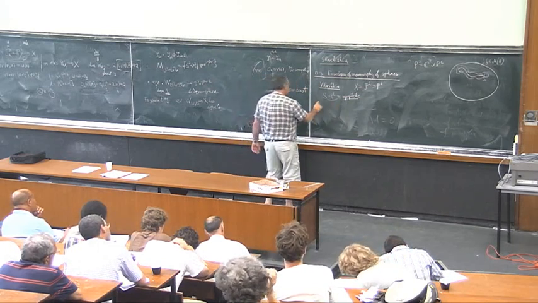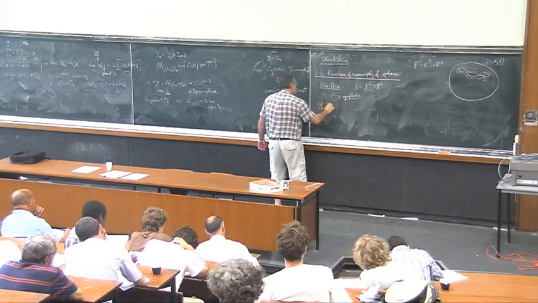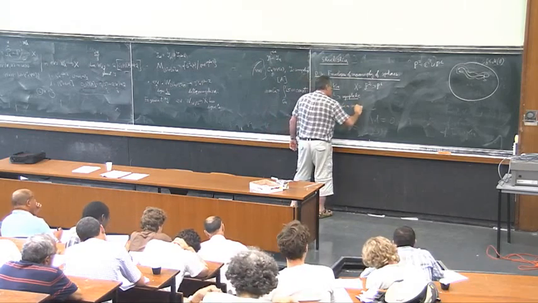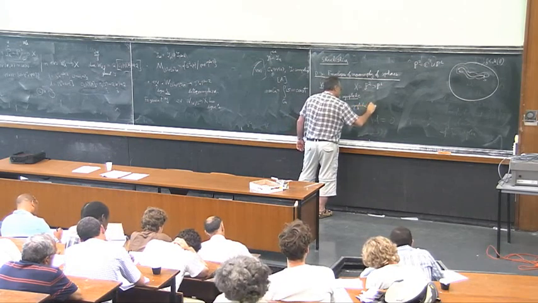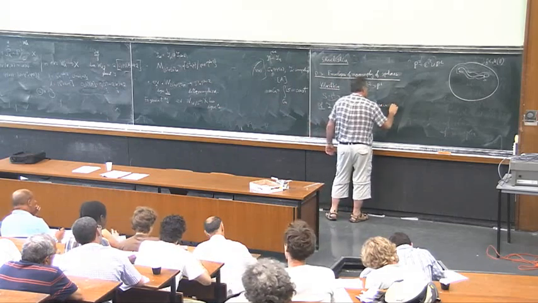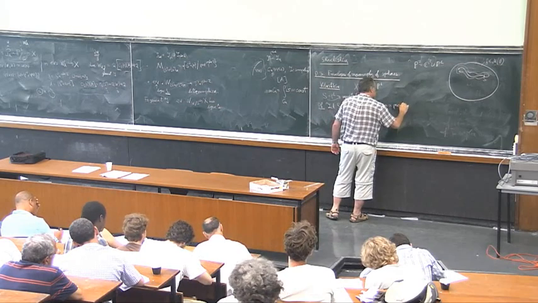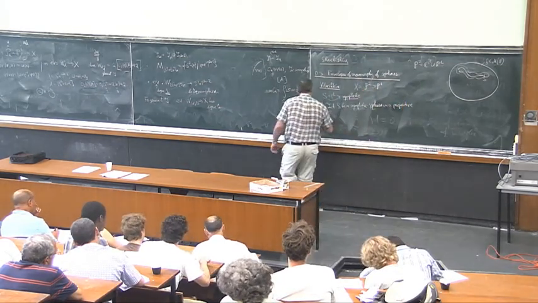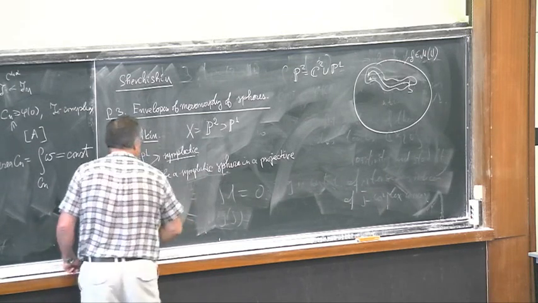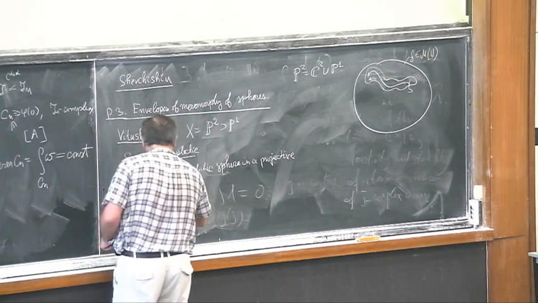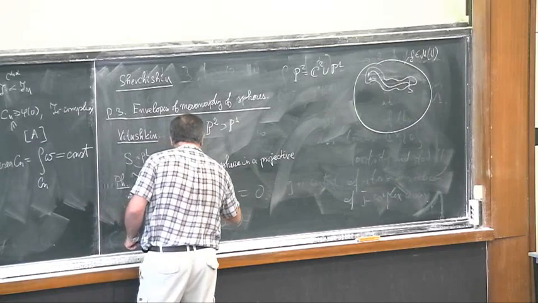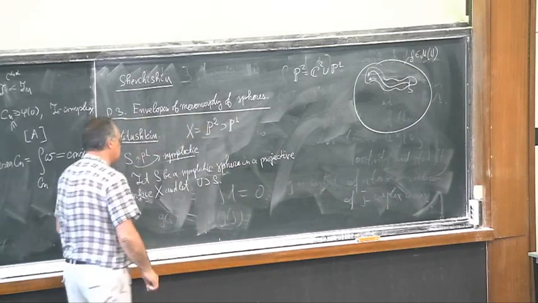Now let me state the theorem. Let S be a symplectic sphere in a projective surface X, and let U be some neighborhood of this symplectic sphere.